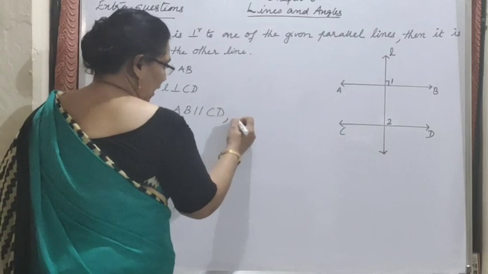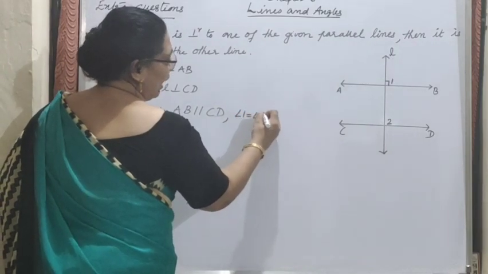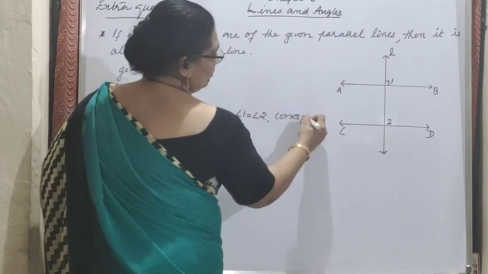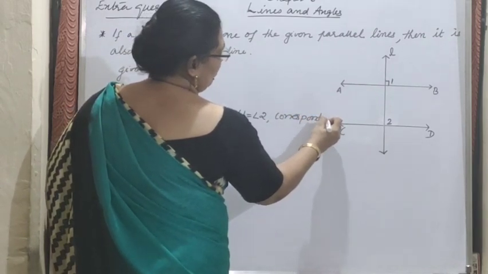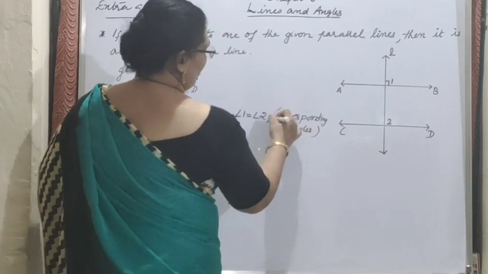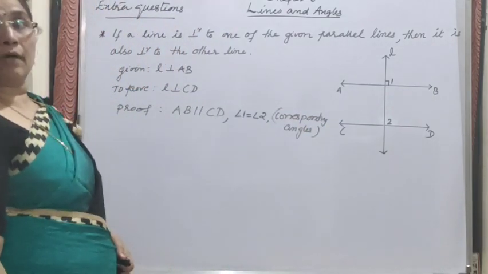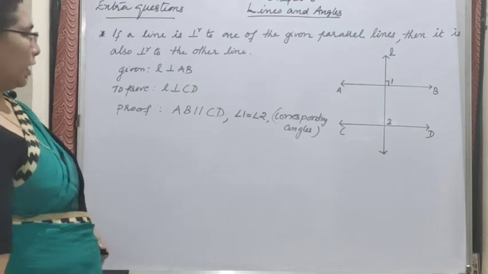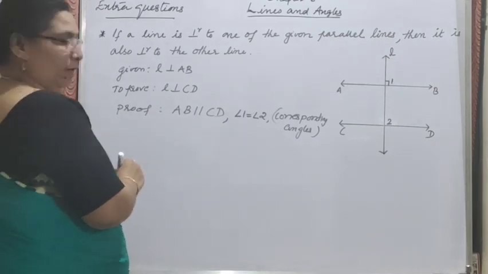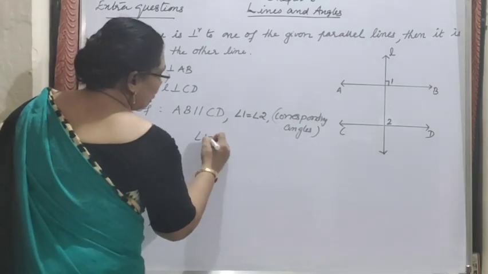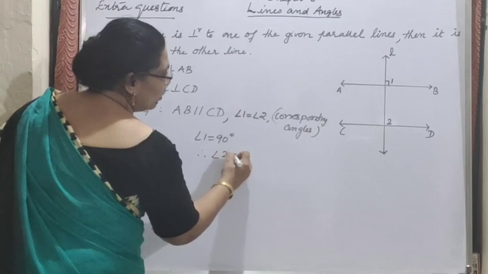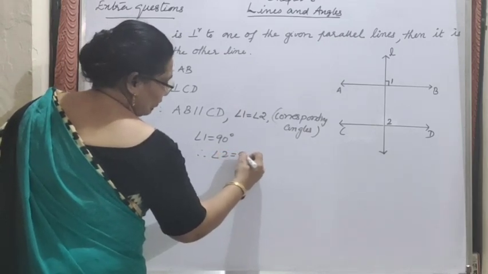We can write that angle 1 equal to angle 2, corresponding angles. But what is angle 1? Angle 1 equal to 90 degree, it is given. Therefore, angle 2 is equal to 90 degree.